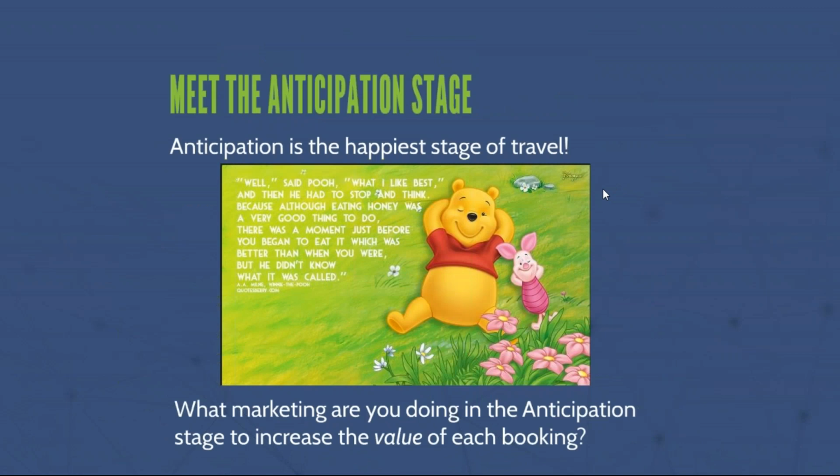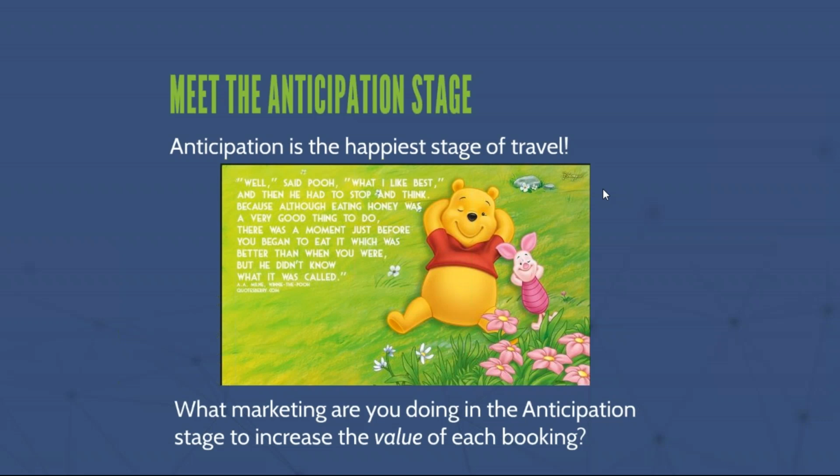So we want to introduce you today to the anticipation stage. Research shows, there were actually 2 different studies done that showed that the anticipation stage is actually the happiest stage of travel. And if you think about your own behavior, looking forward to something is actually the happiest part of travel.